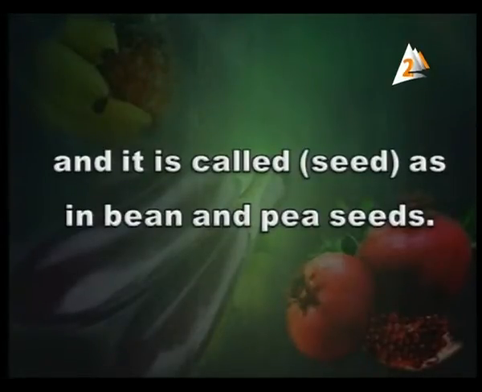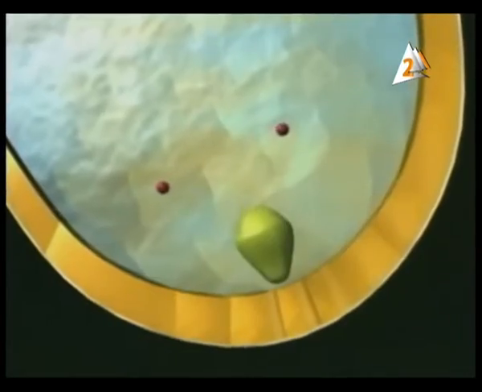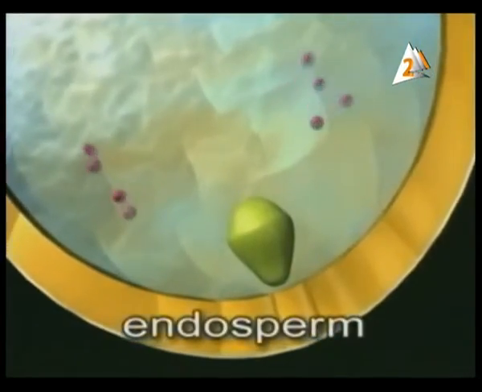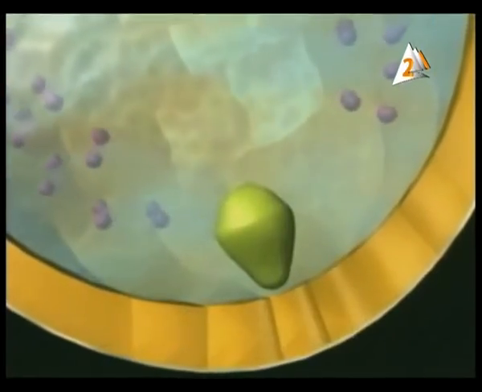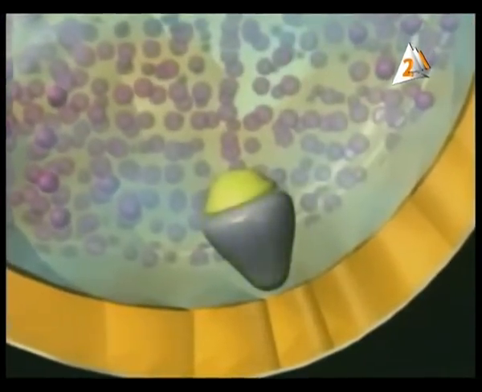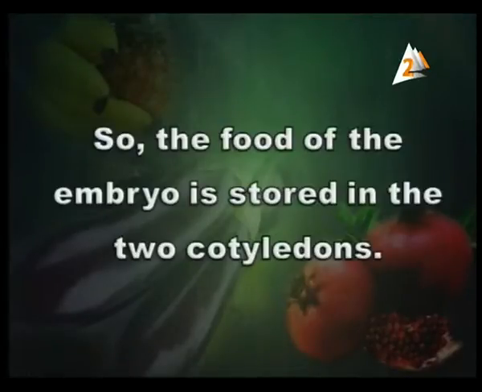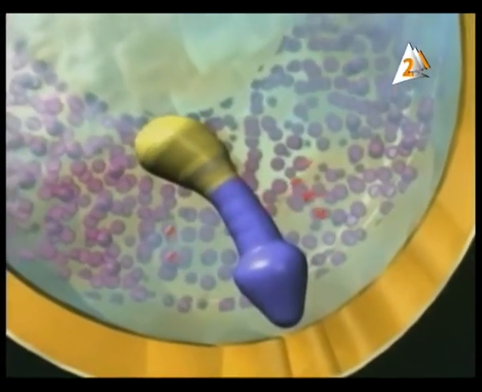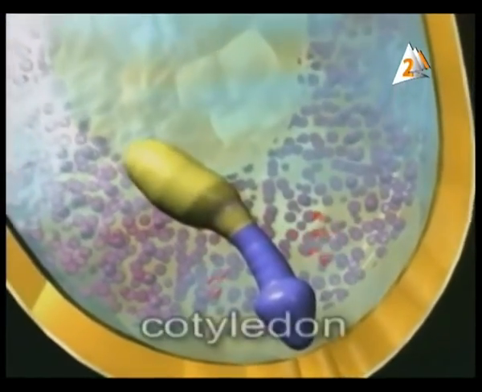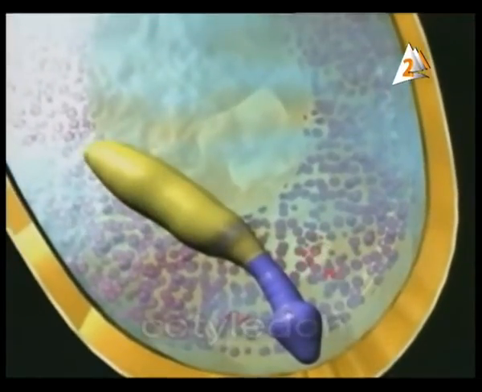So the difference between the endospermic seeds and the exendospermic seeds is that in the endospermic seeds, the endosperm is found surrounding the embryo. But in the exendospermic seeds, the endosperm tissue is consumed during the development of the embryo, and the food is stored outside the embryo in the two cotyledons.